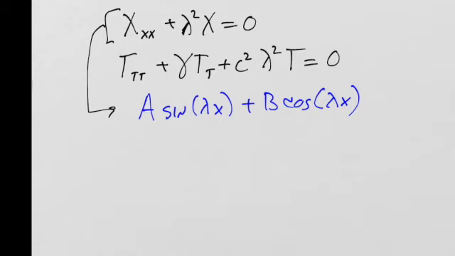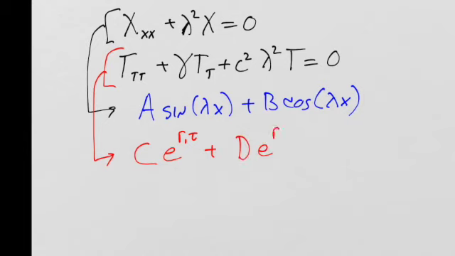But then with the other one, t, this one suddenly is different, right? This one we will, using the elementary theory of differential equations, write down its solution as a constant c times e to the r1 t plus d times e to the r2 t.